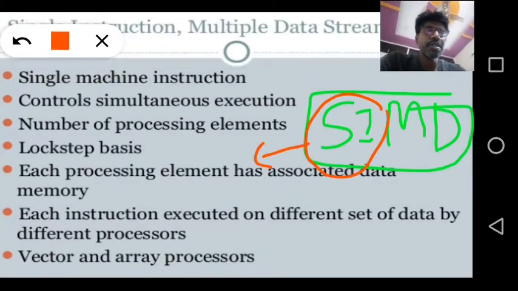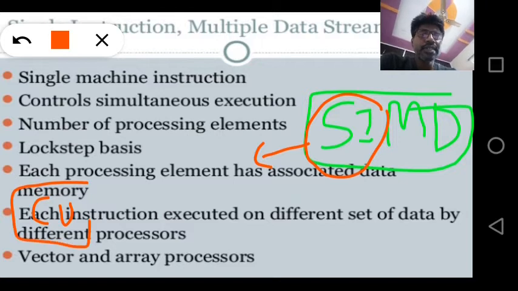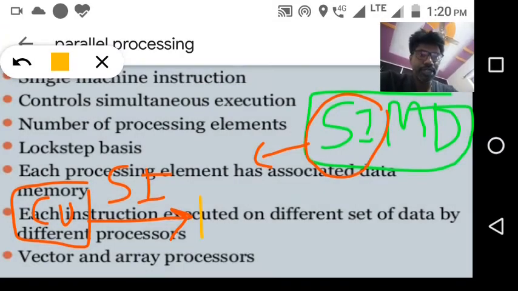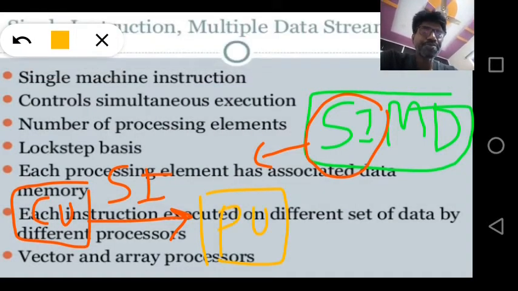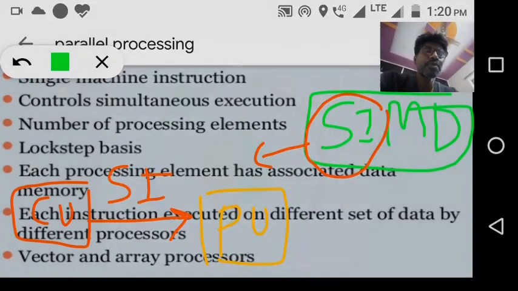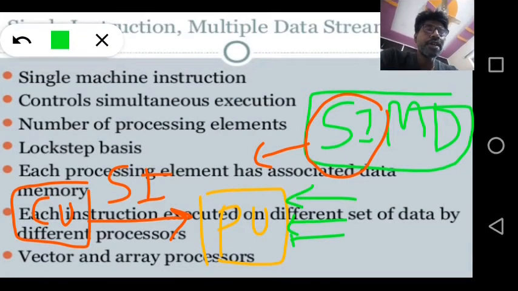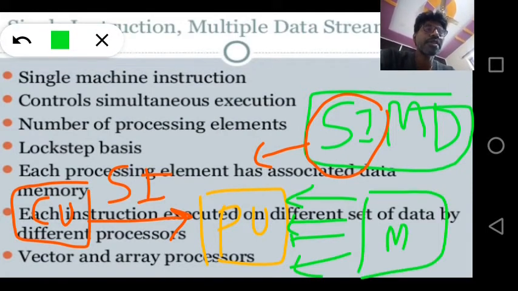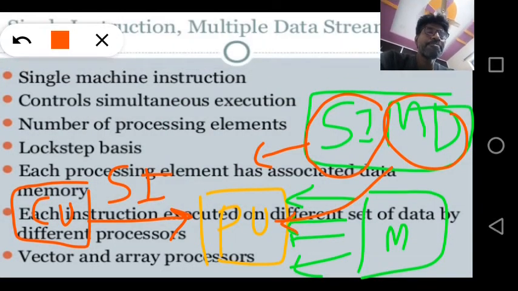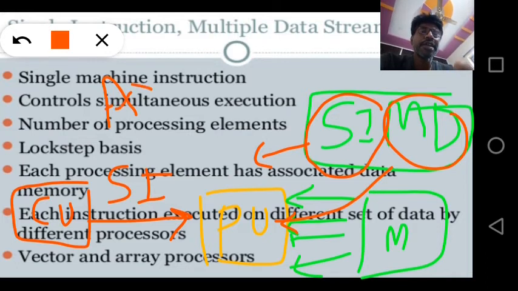That means the control unit sends a single instruction to the processing unit, but it receives multiple data from memory. It is quite interesting, receiving multiple data. What might be the example? The best example is array.